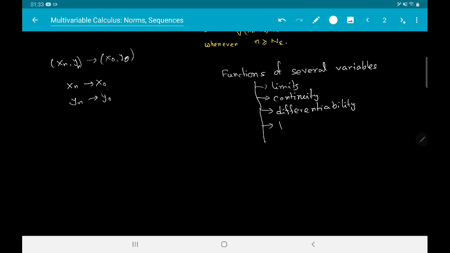We will also talk about what are known as partial derivatives. We will talk about maxima and minima, mainly local maxima and minima of the functions that we are going to consider in several variables. So more of those things in videos to come. Thank you.